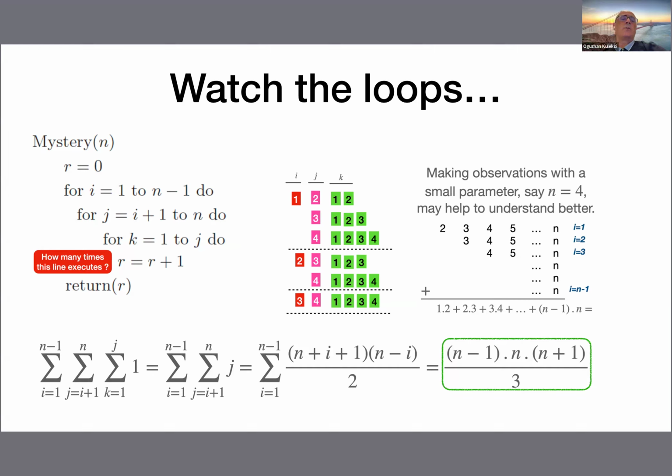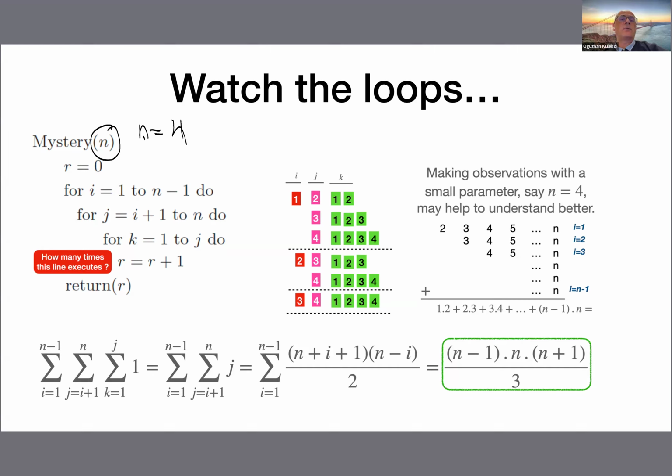These are just some small tips for you. First, when I look at the mystery function, it is not immediately clear to me what it is computing. That is why I prefer to study it with a small number first. So let me assume that n is equal to 4.